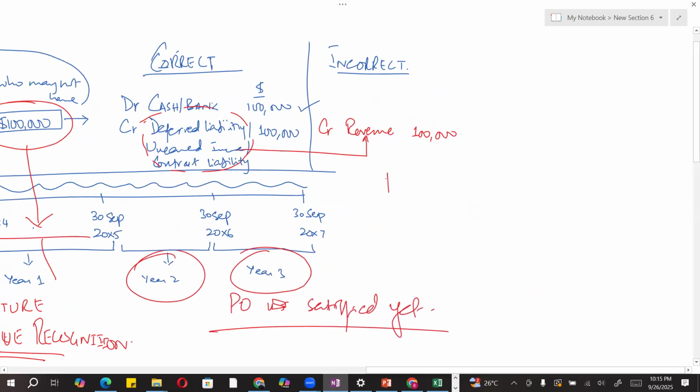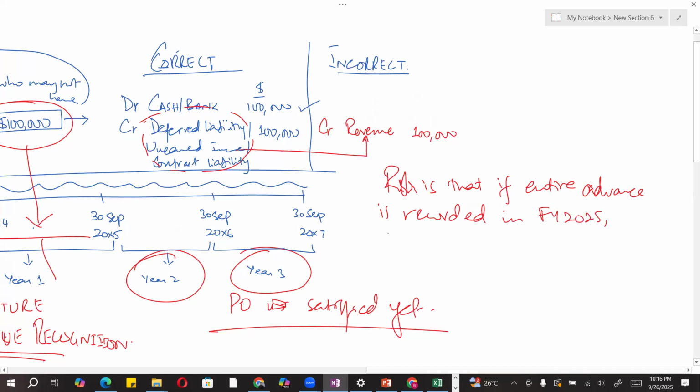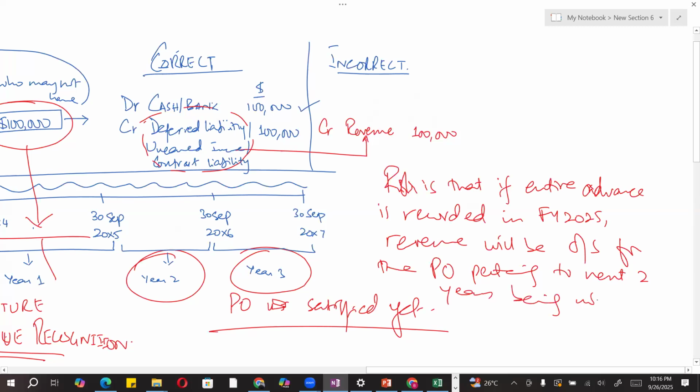If I ask you to draft the risk, it would be that if the entire advance is recorded in financial year 2025, revenue will be overstated for the performance obligations pertaining to the next 2 years not being satisfied, and deferred liability or contract liability or unearned income would be understated.